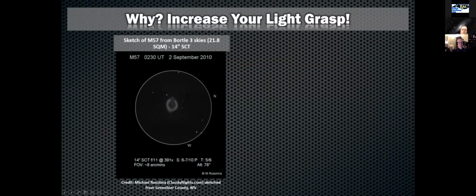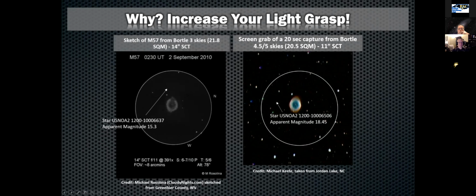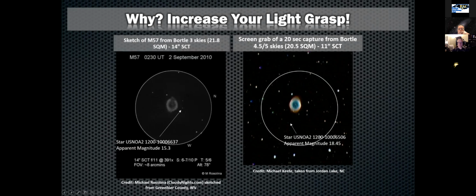And this was sketched, so someone's visually doing this with a 14-inch SCT. Compared to that is my view from Jordan Lake, obviously not as dark as the Bortle 3 skies of West Virginia. But when you compare the two views, we look at the dimmest object you can find in both of those pieces.